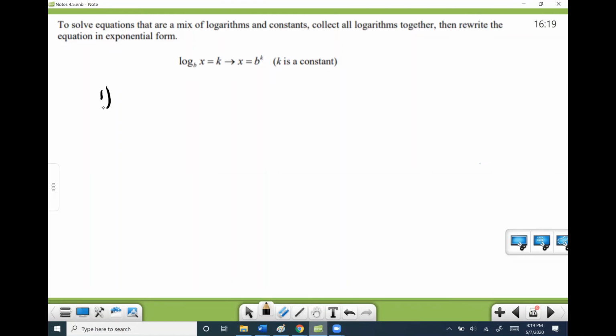Okay. So we're going to isolate the logs, I guess. Isolate logs. Condense multiple logs into a single log.